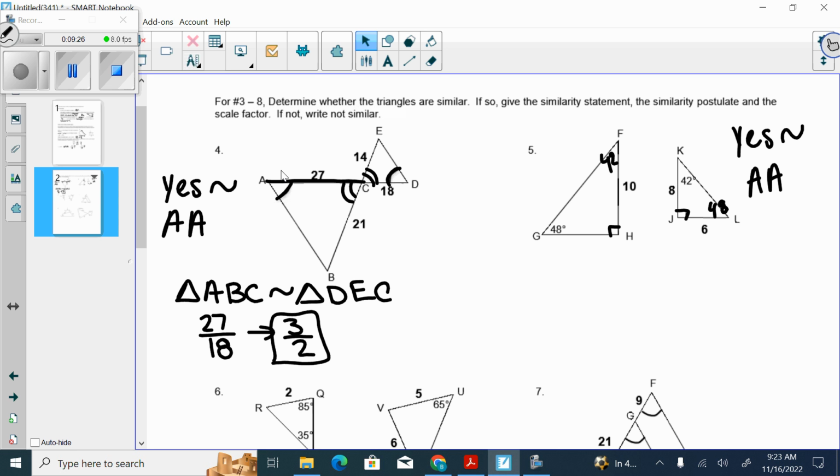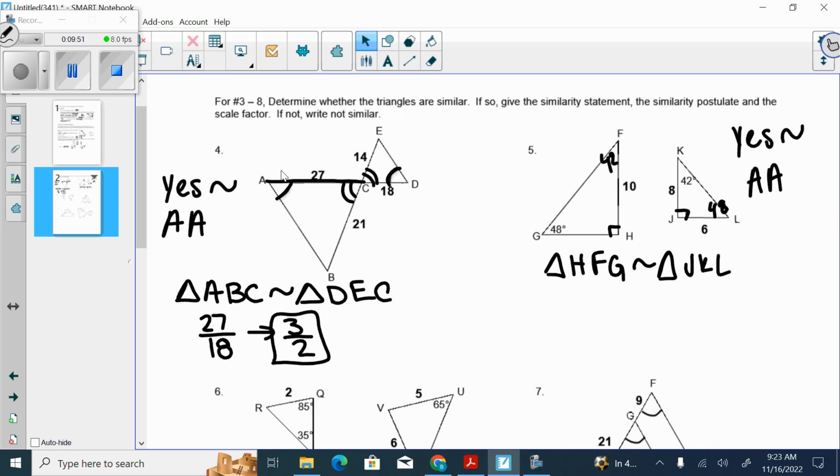So now I just need the statement and the ratio. So I'm going to say that my triangle HFG is similar to triangle what? Good. And then I just pick corresponding sides and make a ratio.